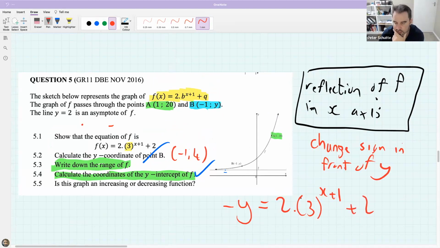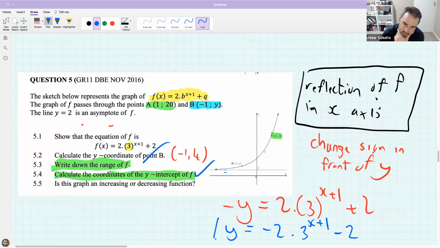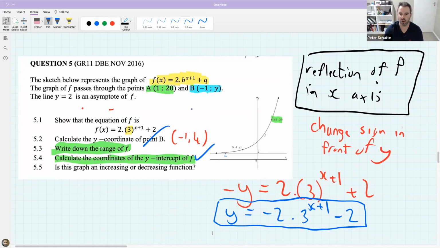But now the standard form will have the negative on this side, so I multiply both sides by -1, or divide both sides by -1, and I should get that. And so that is the reflection of that original graph in the x-axis. Okay, it's going to look like that.